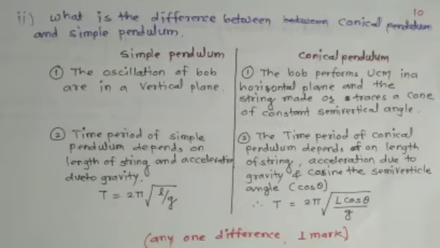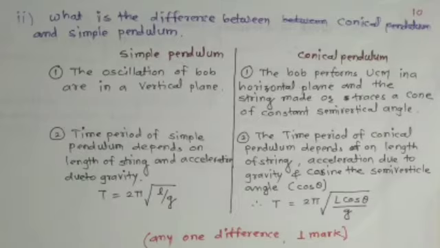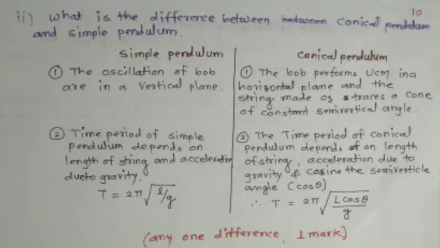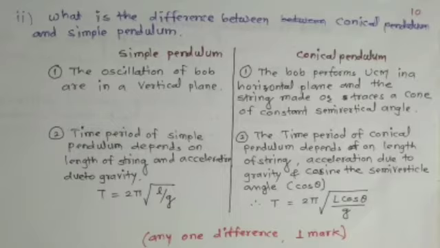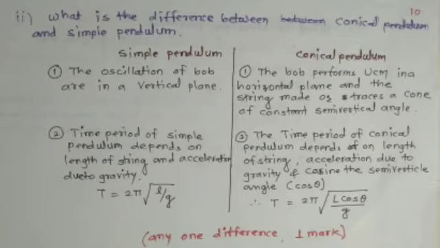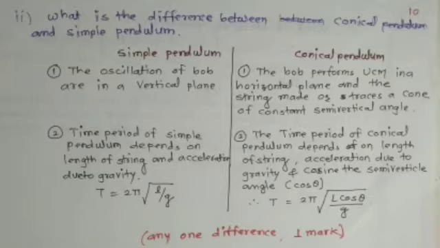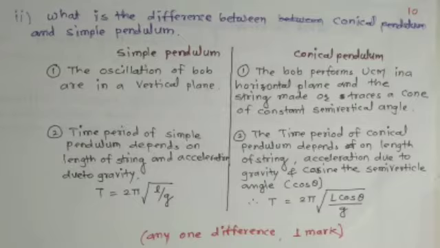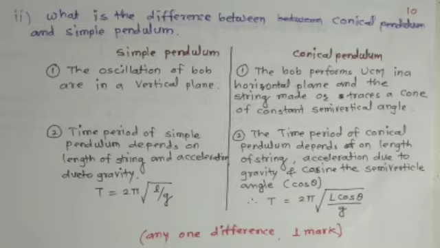The first point: in simple pendulum, the oscillations of the bob are in a vertical plane, whereas in conical pendulum, the bob performs uniform circular motion in a horizontal plane, and the string traces a cone of constant semi-vertical angle. In simple pendulum, the second point is that the time period depends on length of string and acceleration due to gravity.